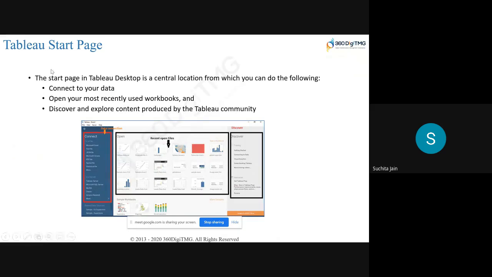So this is the Tableau start page. The start page in Tableau is a central location from which you can do the following. I hope you can see my presentation. Is it visible? Can you guys see my presentation?